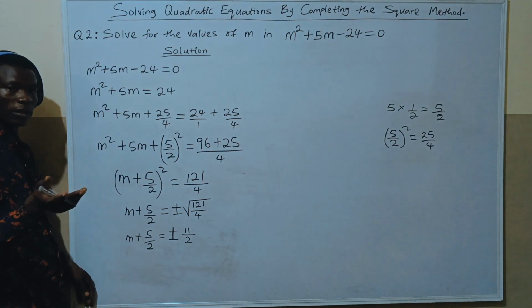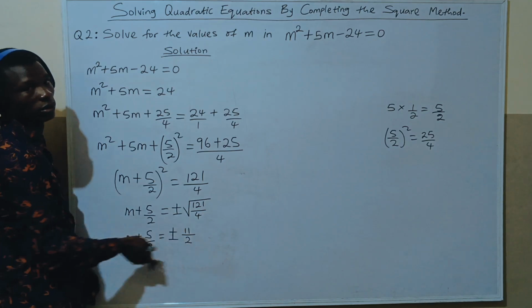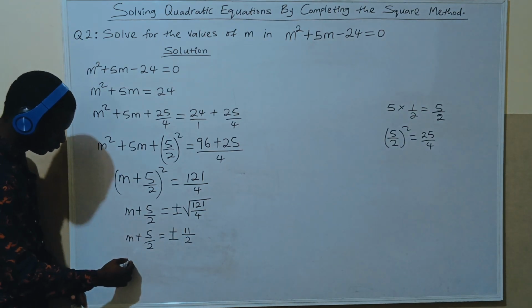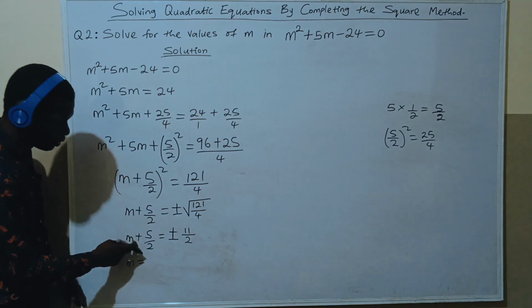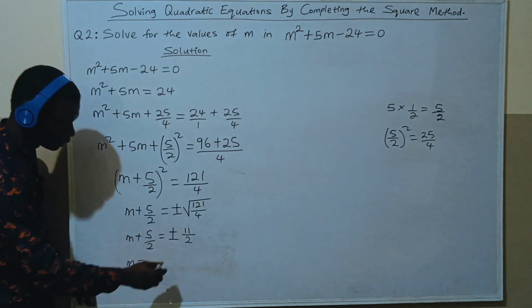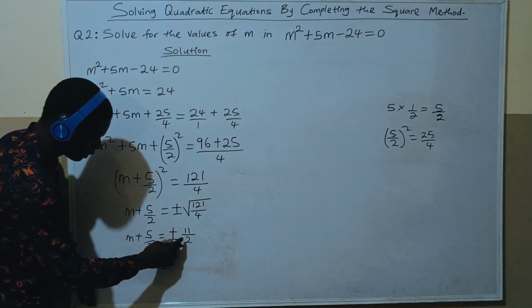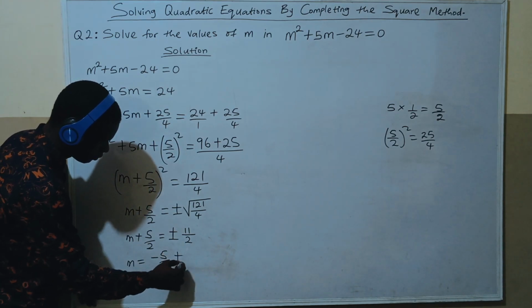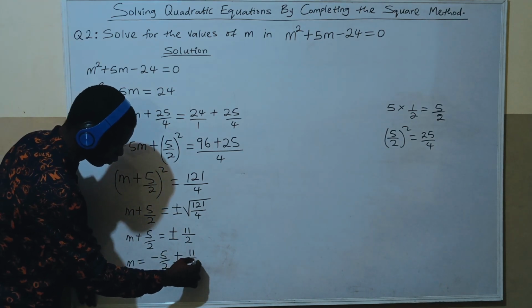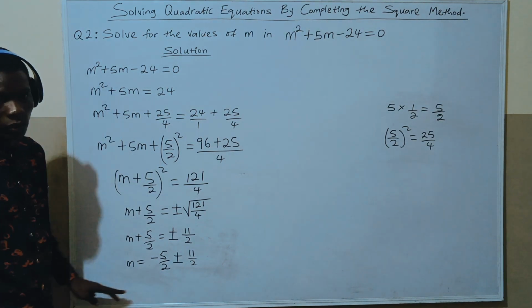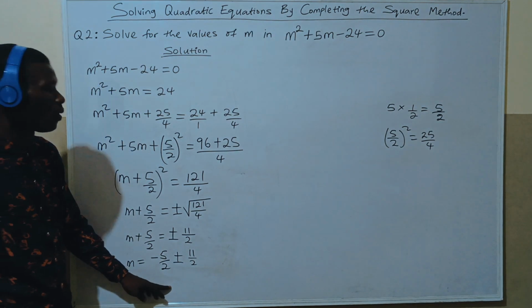Again, remember, these are two solutions embedded in one equation. So what we need to do is to collect like terms first of all, and that's going to be m equals to, if plus 5 over 2 crosses the equal sign, it's going to become minus 5 over 2. And then this is what it was coming to meet, plus and minus 11 over 2. Okay, so we are going to have to break apart these two solutions that are embedded in only one equation.